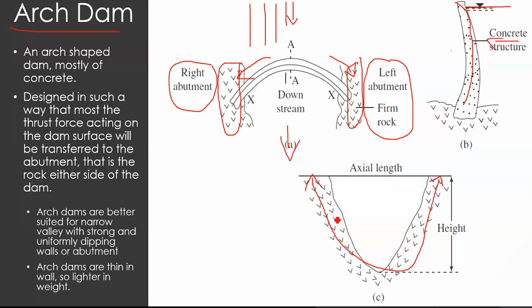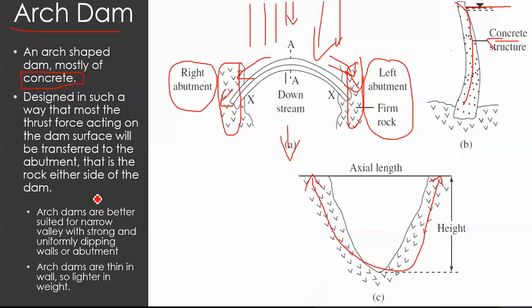In those conditions we can design an arch dam. As the term indicates, it should have the shape of an arch, mostly made of concrete, because it is a thin type of construction, which takes up the entire water pressure from the upstream direction and transfers it safely to the sides of the dam.